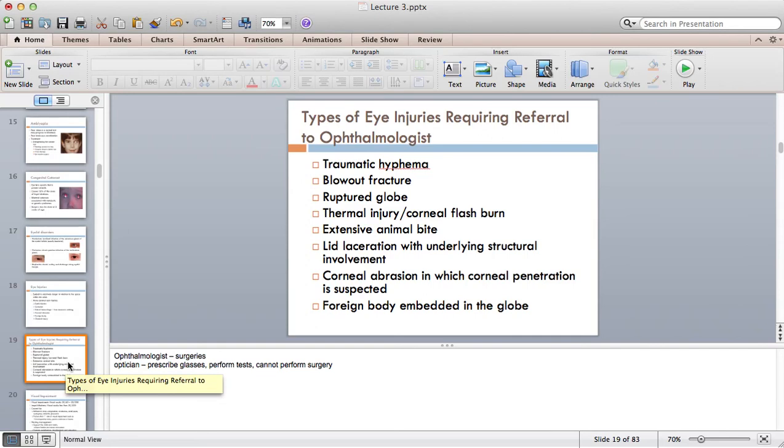Johnny was playing and one of the classmates hit him on the eye with his elbow. Then I go to the ophthalmologist. You cannot go to the optician in this instance. So these are two different instances that require a medical evaluation, but you have to know who to go to in that instance. Okay?